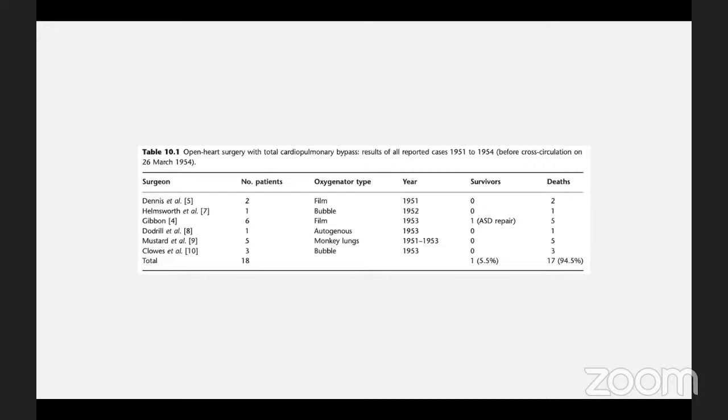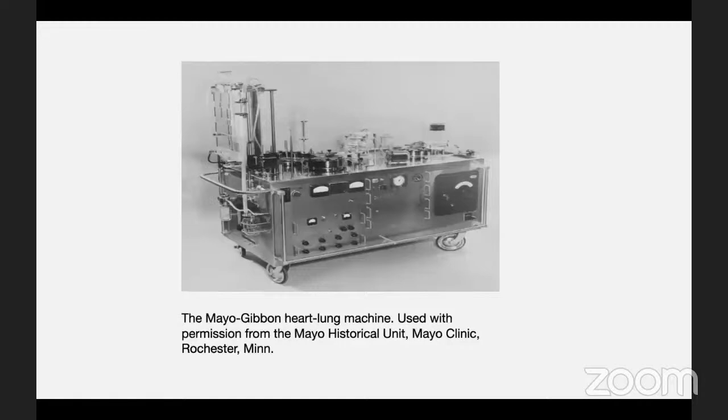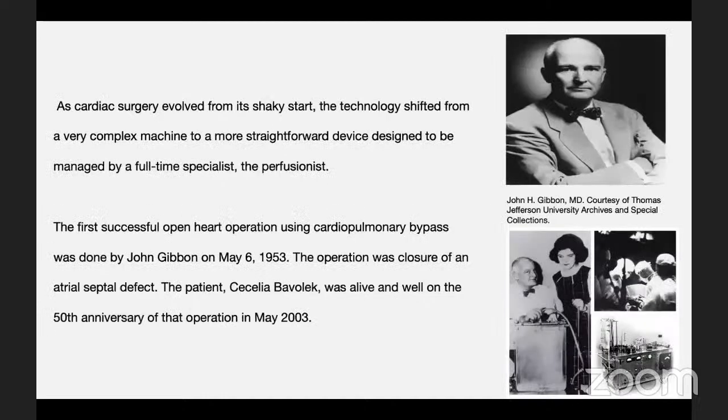But apart from that, the most interesting thing is that the parent acted as a natural rectifier. If the baby developed any sort of acidosis or hypercarbia or hypoxia, it would automatically go to the parent's blood and get corrected. So the patients used to get extubated within hours. Even the first ASD was extubated, and a VSD was extubated just 2 hours after surgery. So that is one of the interesting things to go back and learn about from history.